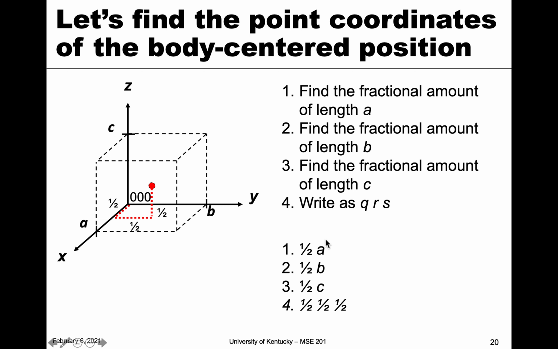So the fractional length of a is 1/2, of b is 1/2, and of c is 1/2. When we write it, we don't write a, b, and c. We just write the fractional amounts. So we call this 1/2 1/2 1/2. And that's how we would describe the body-centered position in any unit cell.